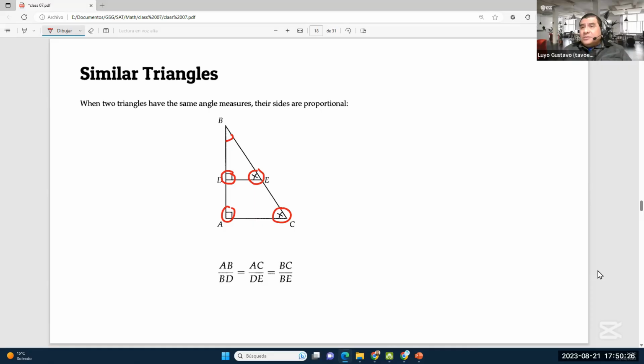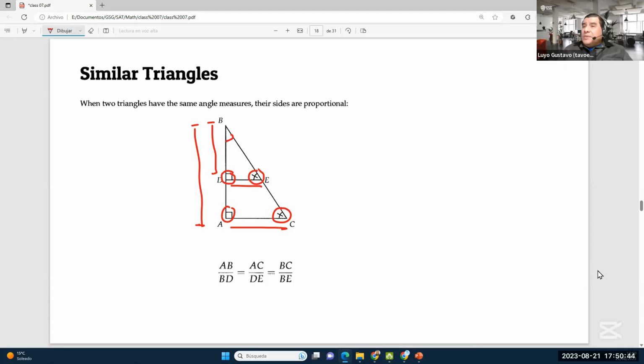AB, that is to say this longer side, is to BD here as DE, or AC is to DE. What is AC? This is proportional to this.